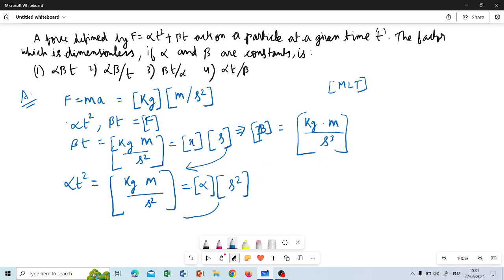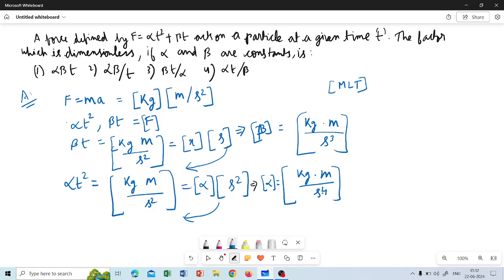Now if I take this to the denominator, that implies the units of alpha is equal to kg into meter divided by second power 4, right?